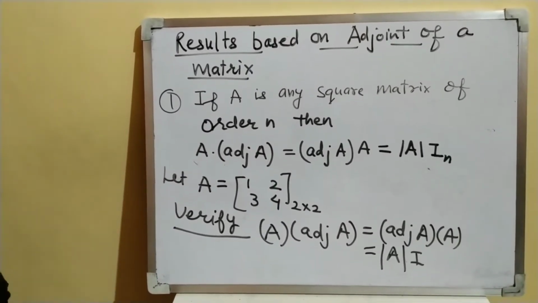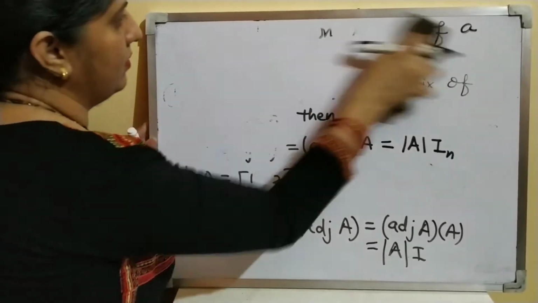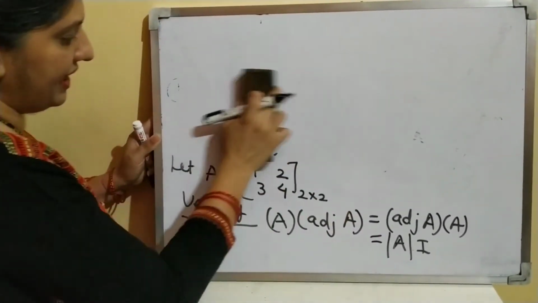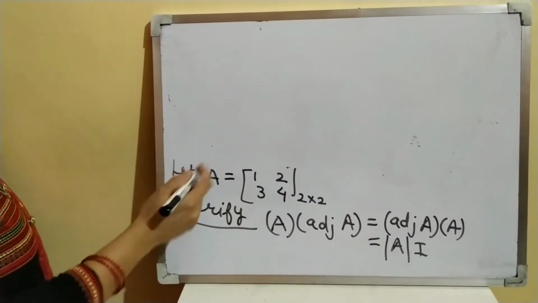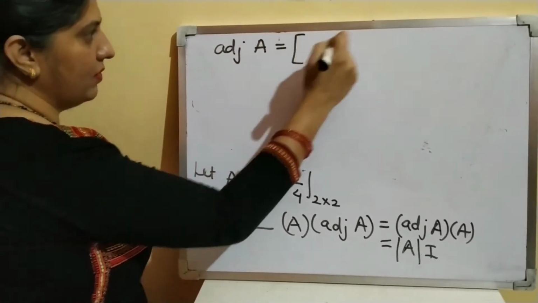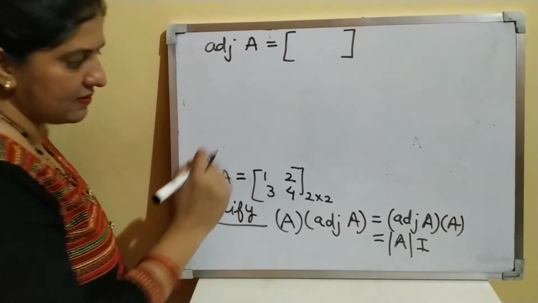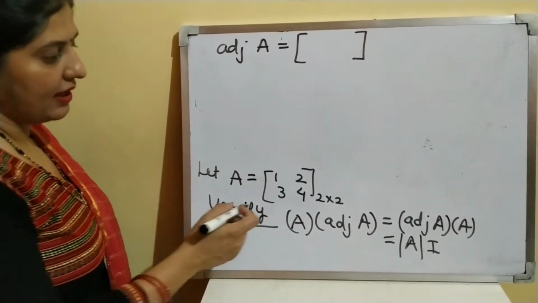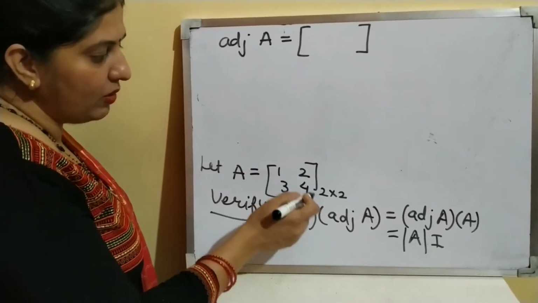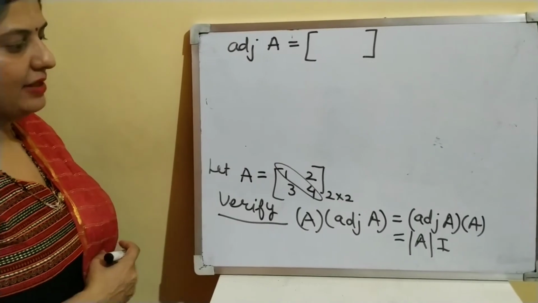See here. First, we calculate adjoint of A. We know that adjoint of a square matrix can be calculated just by interchanging diagonal elements.